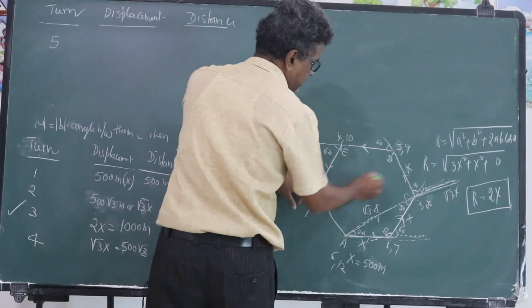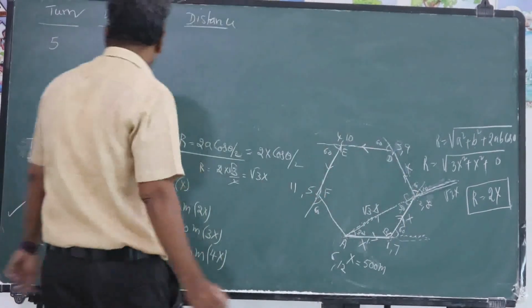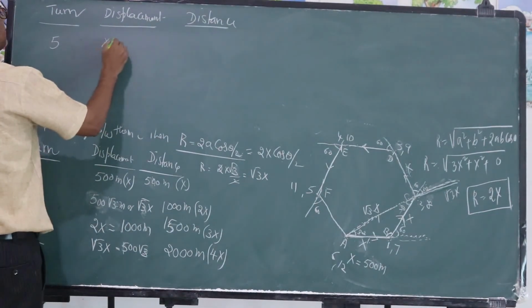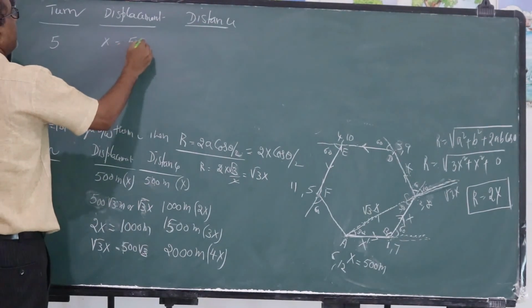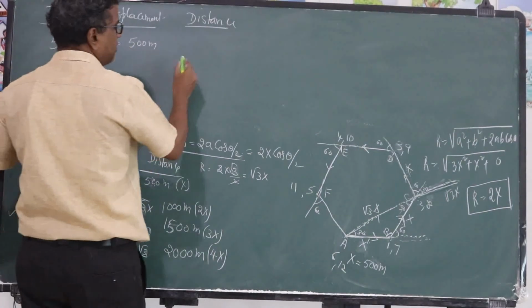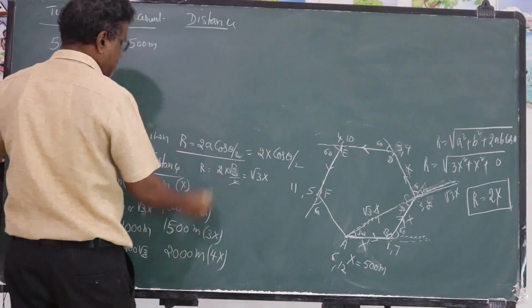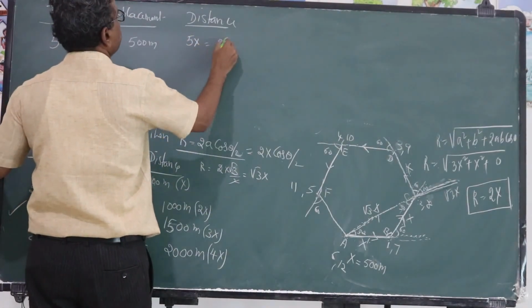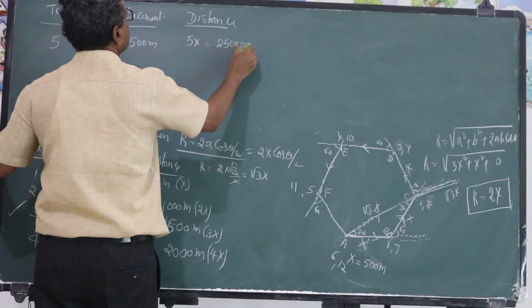Again you will get only x, so the displacement is x, that is 500 meters. Distance traveled is 5 into x, that is 2500 meters.